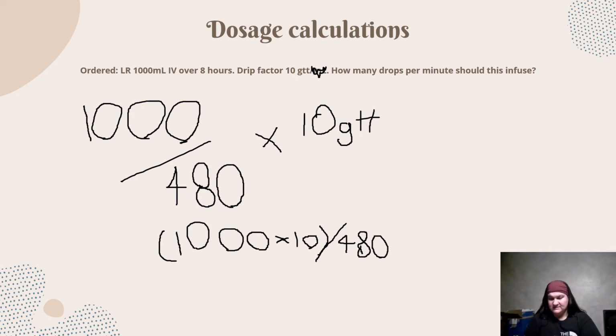So 1,000 times 10 divided by 480 is 20.8333333.